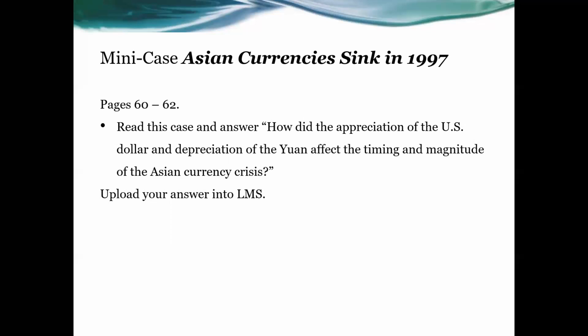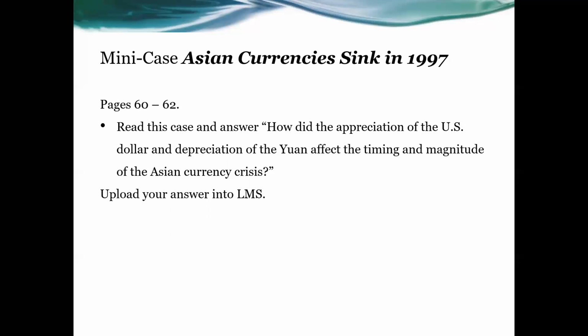Now this case relates to the appreciation and depreciation of currency and how it affects other currencies. So you have to read it and understand how one currency's appreciation or depreciation influences the other currencies' appreciation or depreciation, right? So read it and answer that question and upload your answer into the LMS.